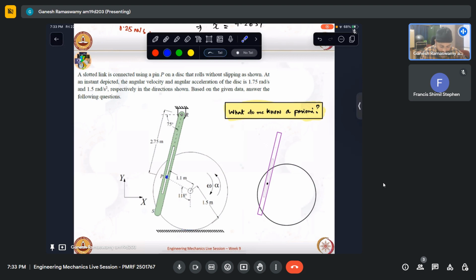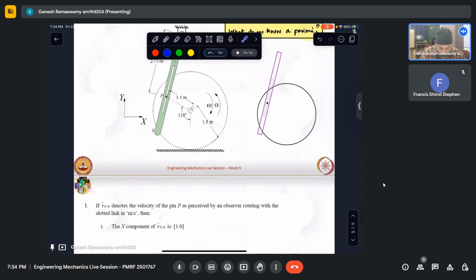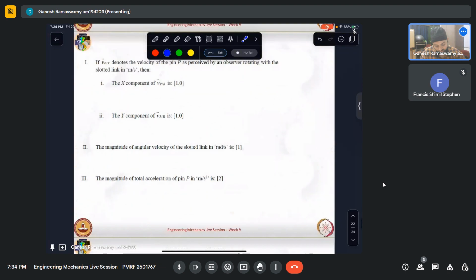This slotted link goes through that pin. At the instant depicted, the angular velocity and angular acceleration of the disk are 1.5 and 1.75 respectively, in the direction shown. So we have been given the directions. Based on what is given, answer the following questions. So what is asked?